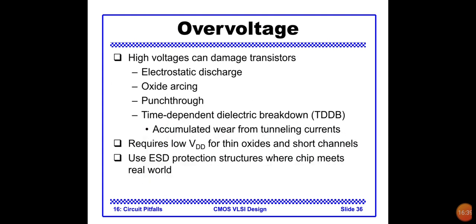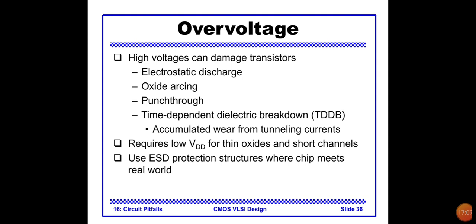Overvoltage: high voltages can damage transistors, for the following reasons. The first is electrostatic discharge, where current discharges into the circuits.